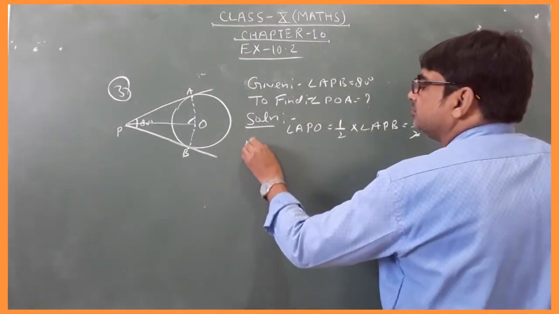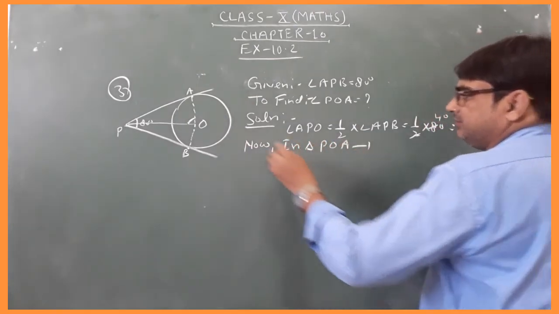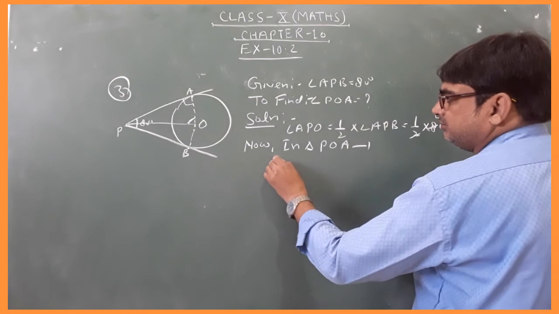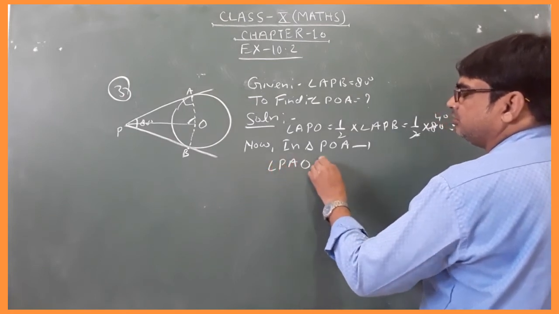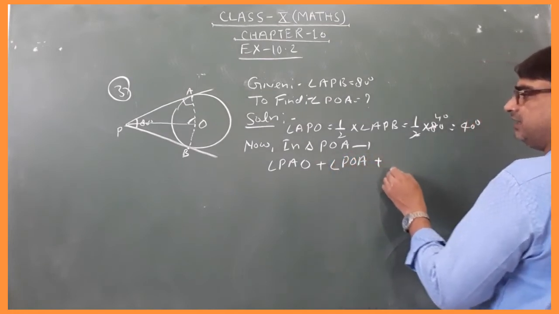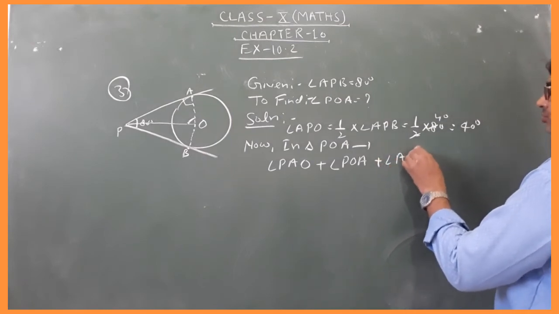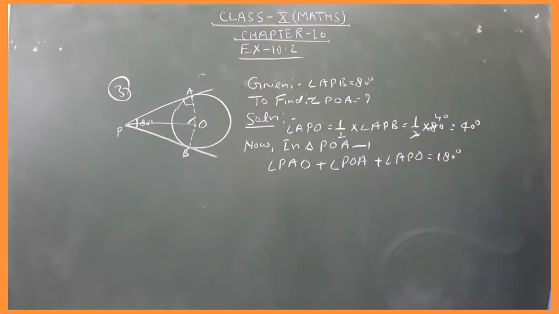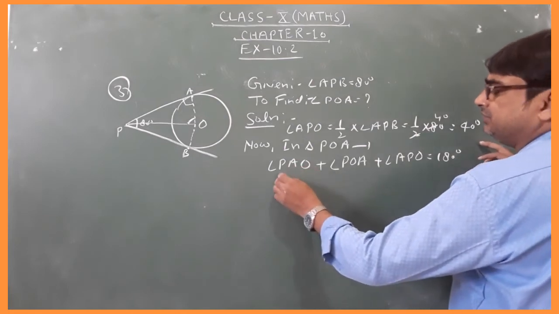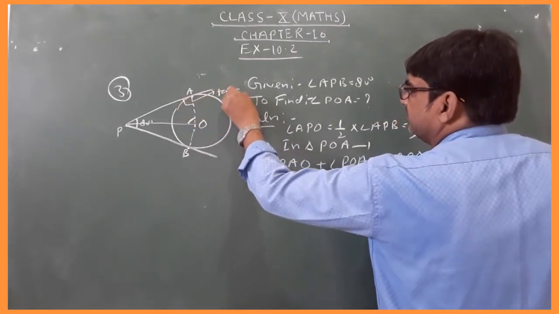Now in triangle POA, this is 90 tangent, तो एंगल PAO प्लस एंगल POA प्लस एंगल APO is equal to 180 degree. एंगल PAO is equal to 90 degree, tangent to a circle.